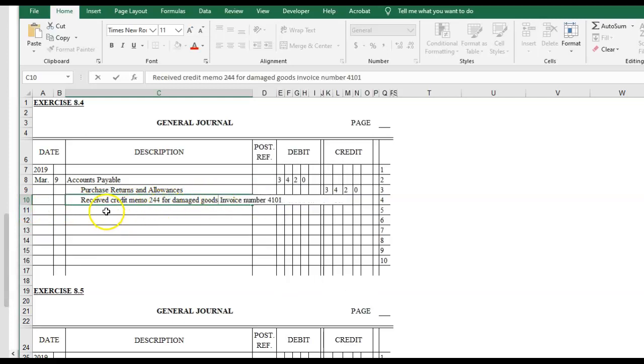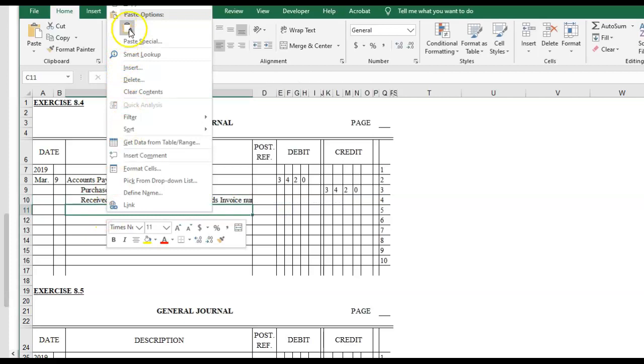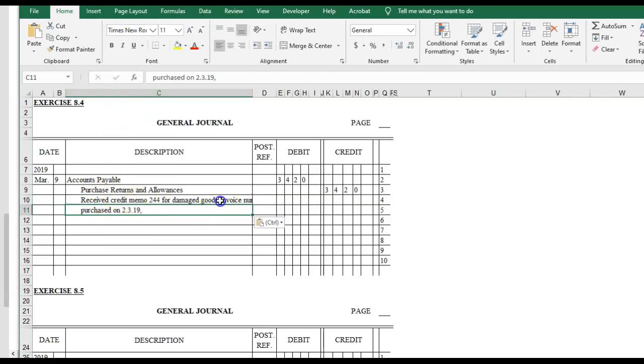I'll cut that, paste it here, and I'll put the invoice number. I'll cut that, paste it here. Doesn't matter how many lines I use, for real. All that matters is my debit and credit is right, and that if I was looking at my books and I wanted to see what was going on, I now have a purchase to refer to, an invoice number to refer to, and a date that I really bought the stuff on.